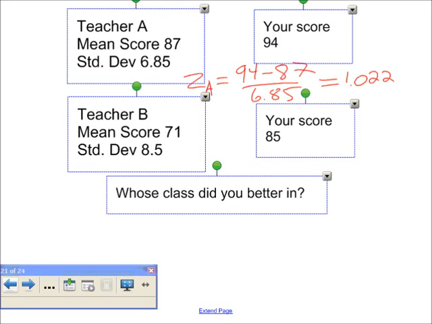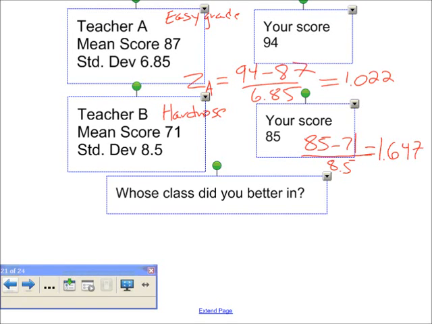On the other hand, the z-score for, and this was Mr. Easy Grade, and this is Mrs. Hardnose. And in Mrs. Hardnose's class, your score is 85 minus 71 divided by 8.5. And your z-score is a 1.647.